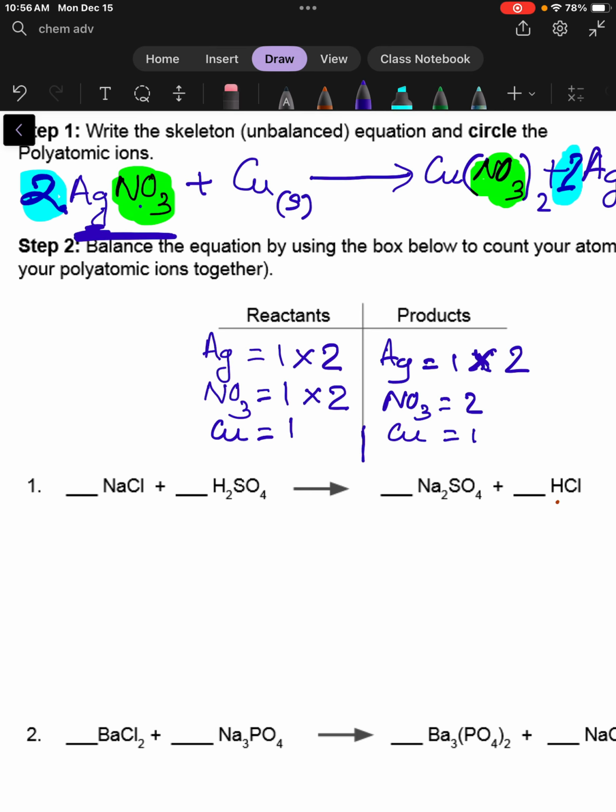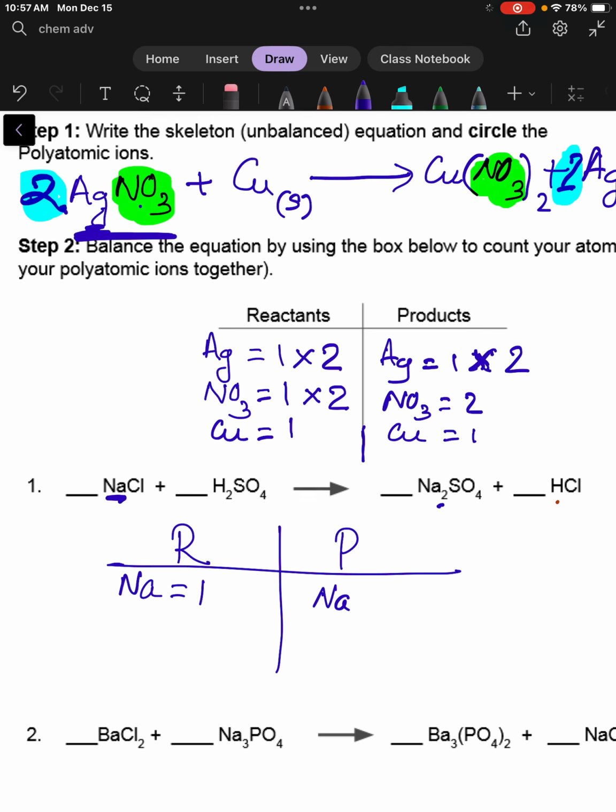This time the equation is given to you. Let's go ahead and list them. It is reactants and products. Okay, and I'm going to write sodium here on both sides. So sodium is 1 here, 2 here. Chlorine, again 1 here on the left, 1 on the right.